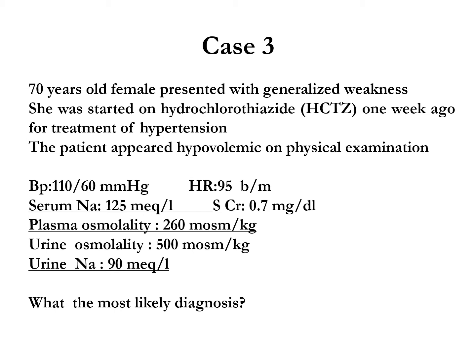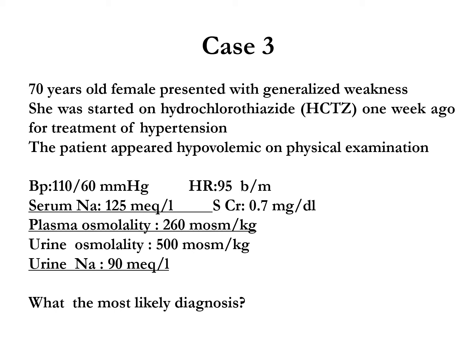Blood pressure 110 over 60 mm mercury, heart rate 95 beats per minute, serum sodium 125 milliequivalent per liter, serum creatinine 0.7 mg per deciliter, plasma osmolality 260 milliosmol per kg, urine osmolality 500 milliosmol per kg, urine sodium is 90 milliequivalent per liter. So this is an old female with generalized weakness, started on thiazide diuretics.